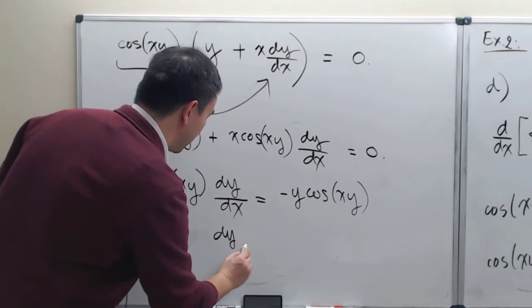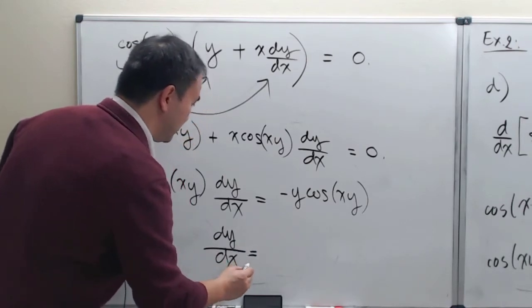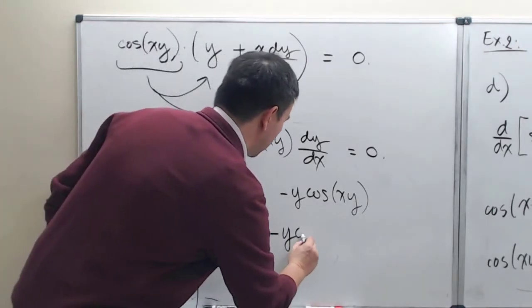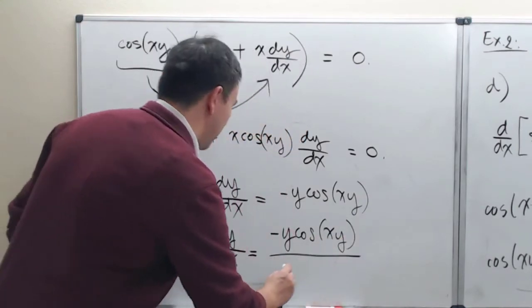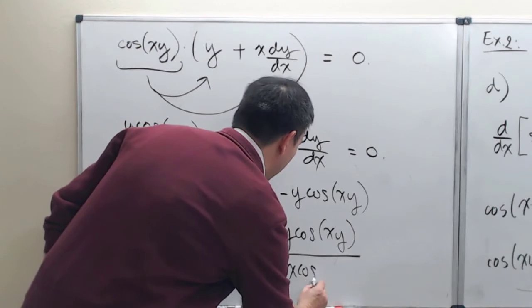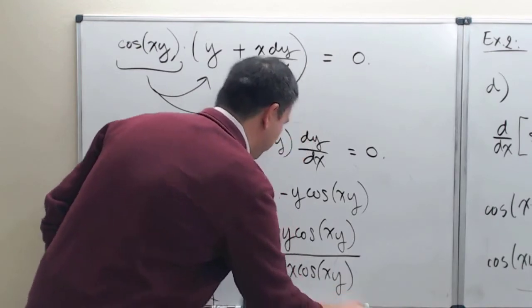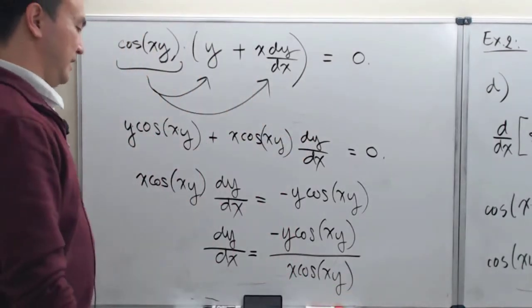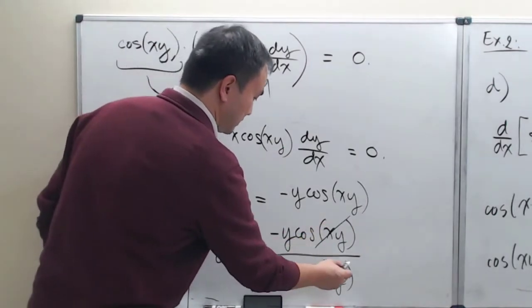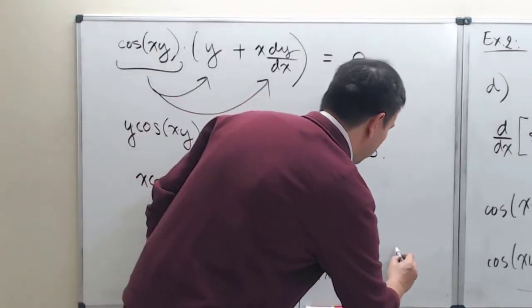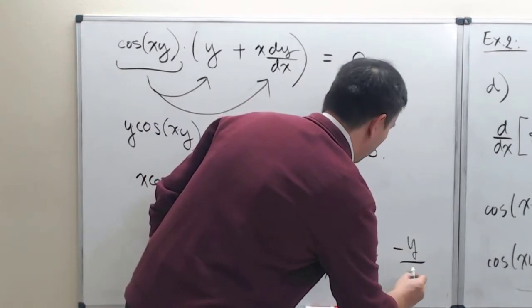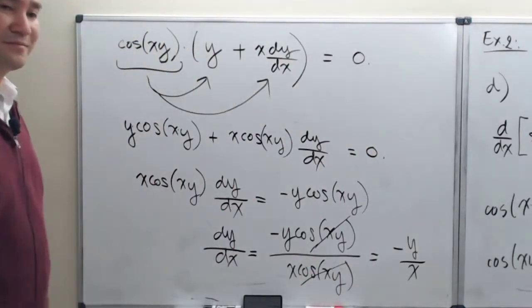So dy/dx is minus y times cosine of xy divided by x times cosine of xy. Now we can cancel the cosine of xy away, and our expression comes out to be minus y over x.